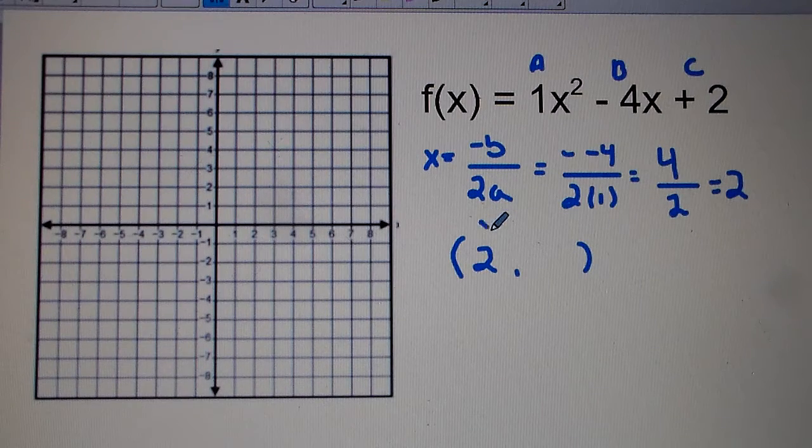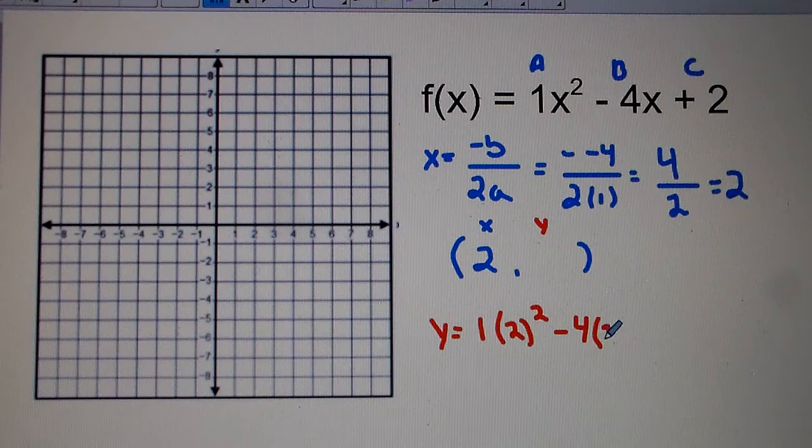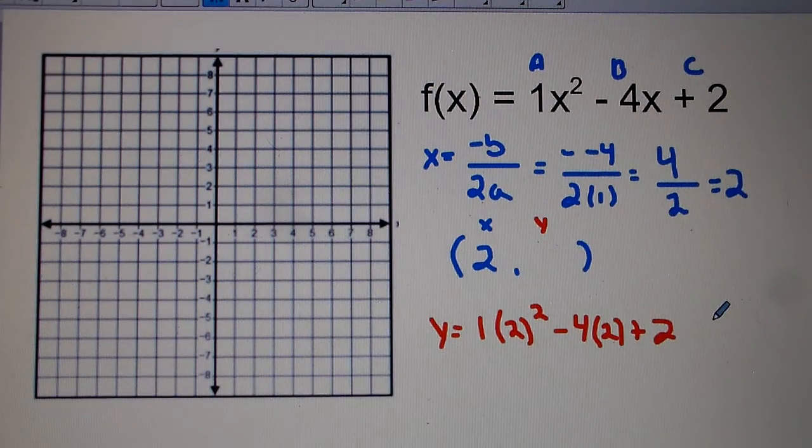To find the y value in the vertex, we're going to take that 2 and put it into x in each one of the x's we see above. So my y value is going to equal 1 times 2 to the power of 2 minus 4 times 2 plus 2. I put that into the calculator.